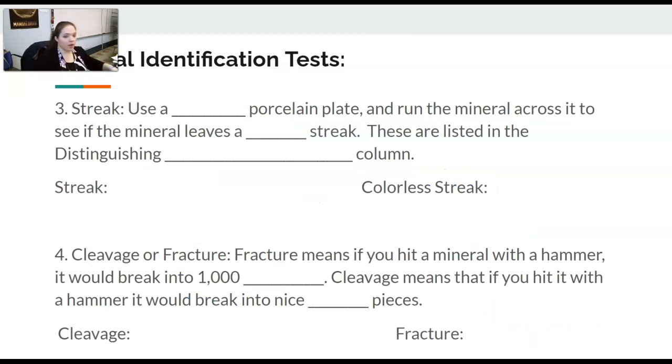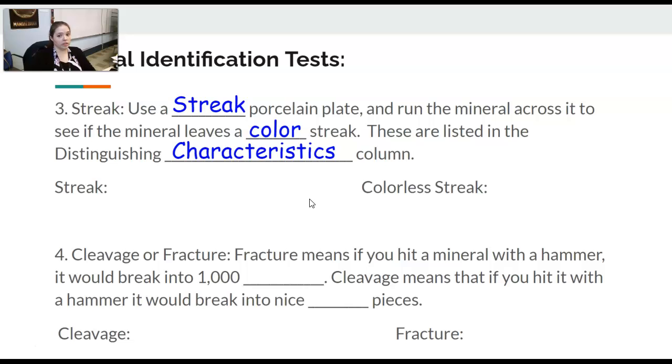All right, then you have streak, which uses a streak porcelain plate, and you run the mineral across it to see if the mineral leaves a colored streak. These are listed in the distinguishing characteristics column. So a streak, there are 3 of them, by the way, that make a streak. So what you do is you take your mineral and you run it across.